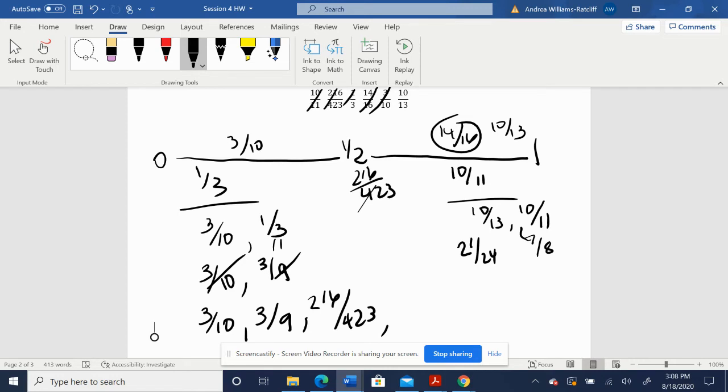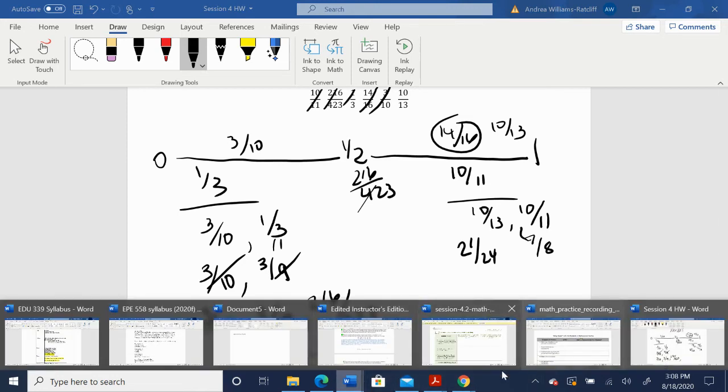So when we are trying to make this comparison and decide where that's going to fit, if we're looking at that breakdown, we want to start thinking about how those two will compare to each other. So here I'm missing 3 big pieces, and here I'm missing 3 smaller pieces, okay?